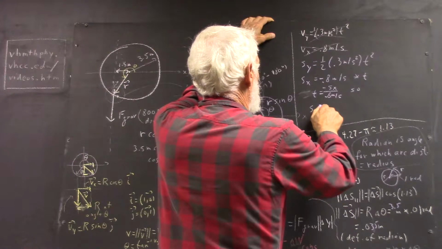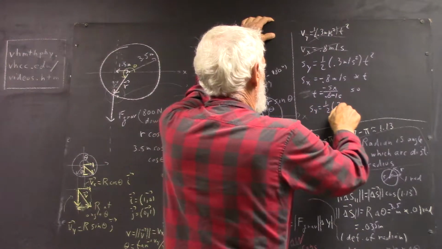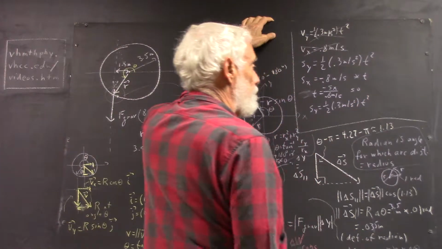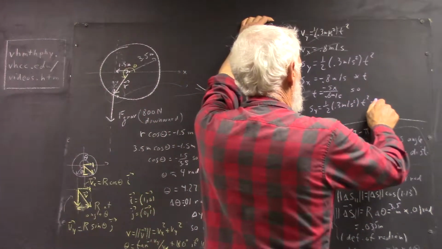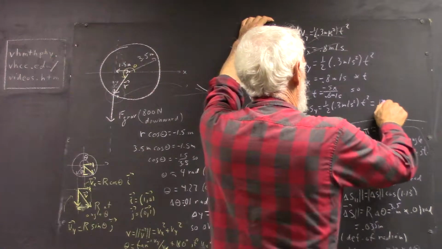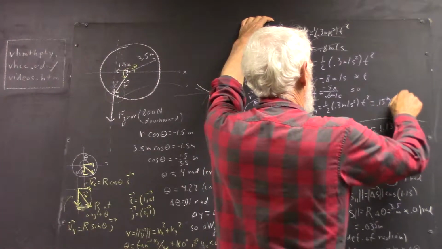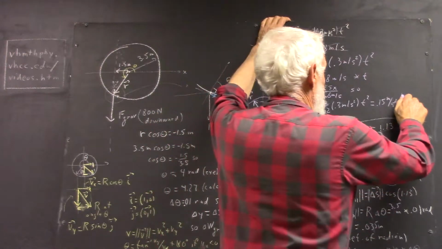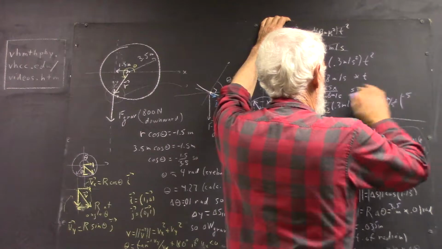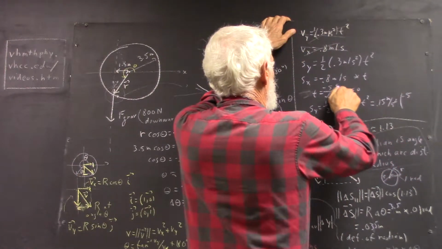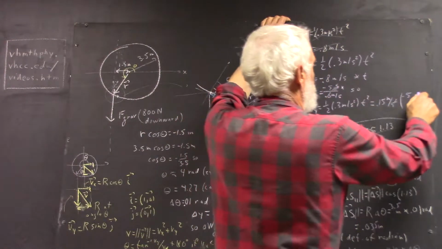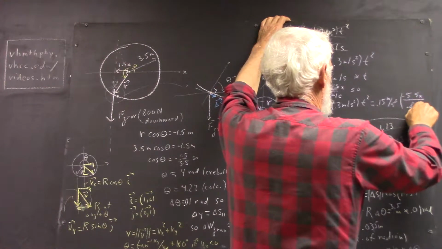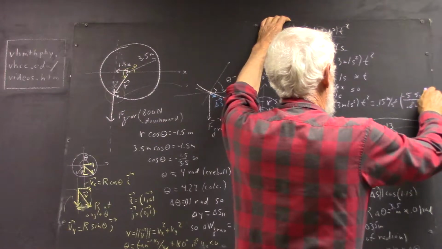So s sub y is 1/2 of 0.3 meters per second squared times t squared, which equals 0.15 meters per second squared times negative s sub x over 0.8 meters per second, all squared.